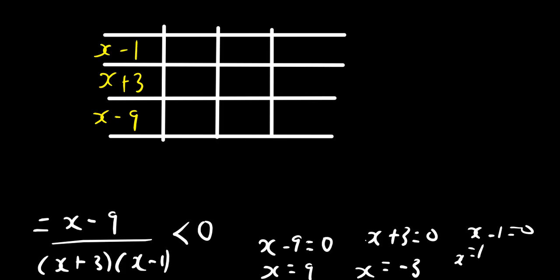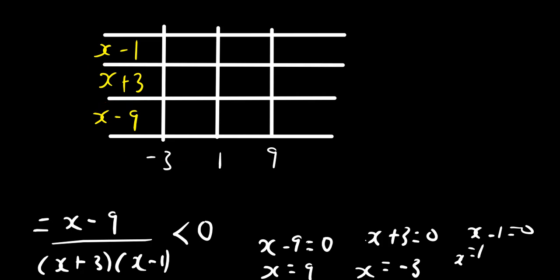Then the values: the smallest value of x that we had is negative 3, then what followed was 1, then the other one is 9, as we've written them down. Let's start with which expression gave us negative 3. It is this expression.